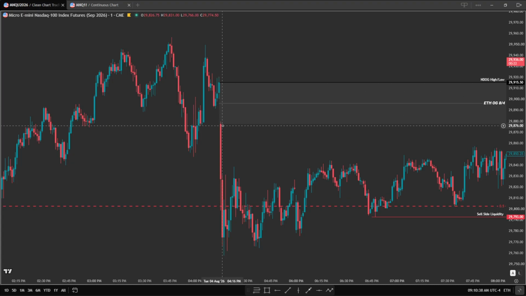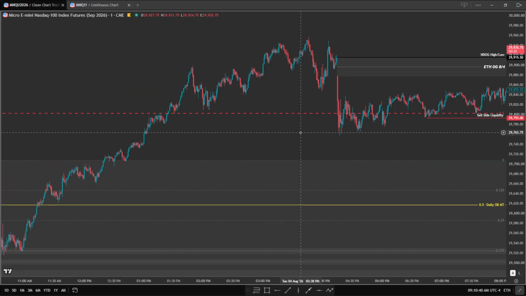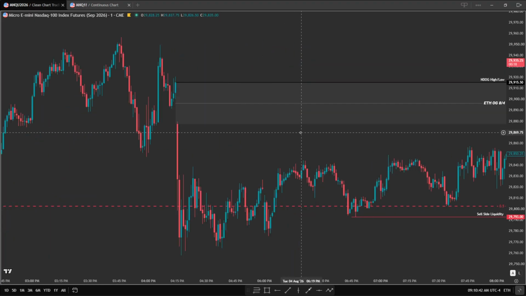It just gapped. What? Oh my God. I misannotated that. I saw that gap yesterday and I was thinking, oh, there's the electronic trading hours opening gap. There it is. And I just drew it because I saw this gap. But that is real. That was during trading hours.